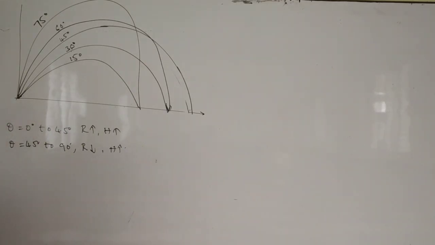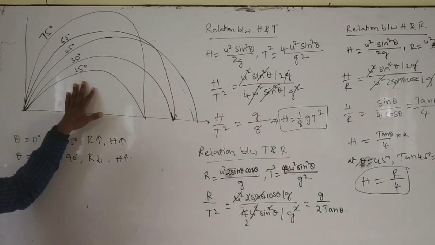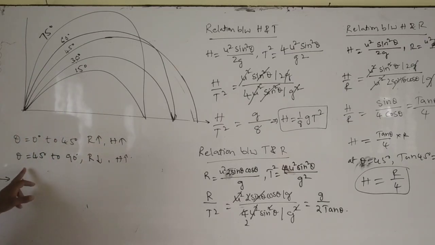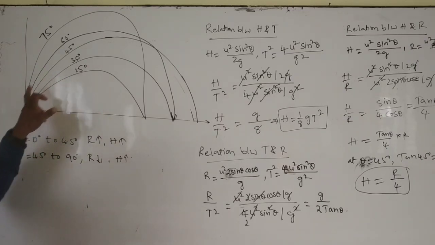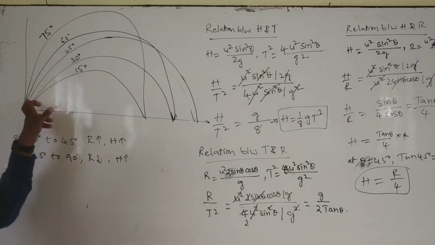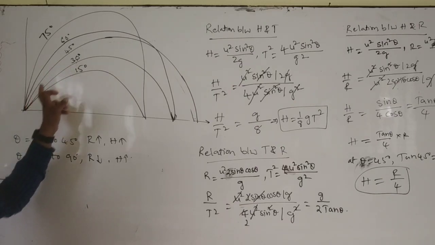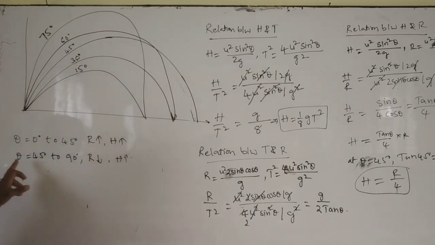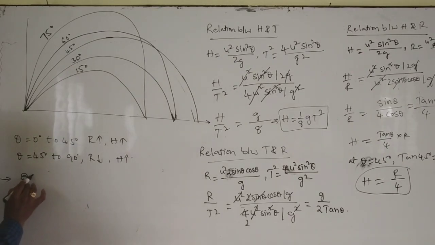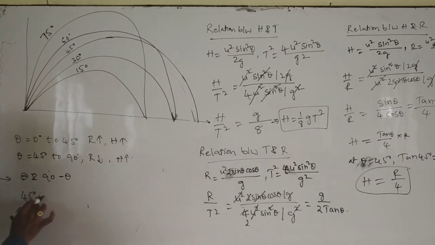So now we are going to derive relations, first for complementary angles of projection. When we project at theta equal to 45 degrees, the range becomes maximum. Theta equal to 30 degrees gives a range like this. Theta and 90 minus theta are complementary angles, and 45 plus theta and 45 minus theta are also complementary angles.